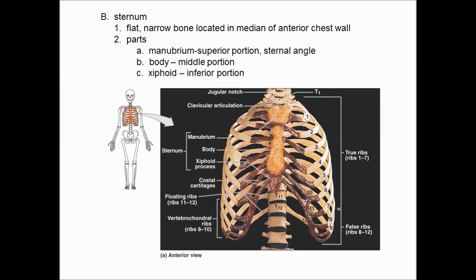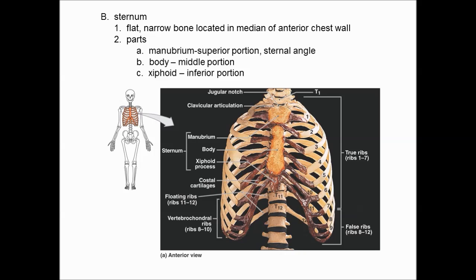The sternum is also called the breastbone, and it's that bone that's right in the anterior central part of your breast. And it's composed of two large portions. The most superior portion is a kind of a square bone called the manubrium, which is represented right here.